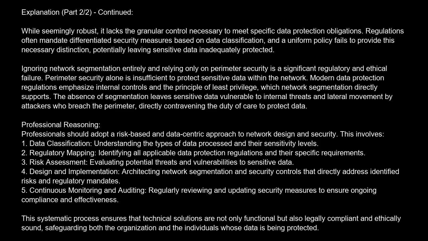Design and implementation, architecting network segmentation and security controls that directly address identified risks and regulatory mandates. 5. Continuous monitoring and auditing, regularly reviewing and updating security measures to ensure ongoing compliance and effectiveness. This systematic process ensures that technical solutions are not only functional but also legally compliant and ethically sound, safeguarding both the organization and the individuals whose data is being protected.